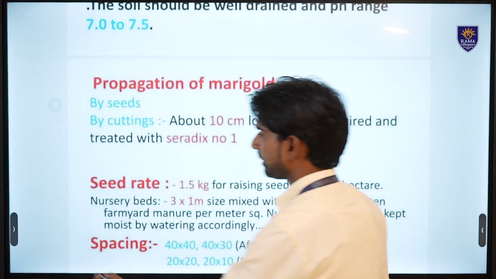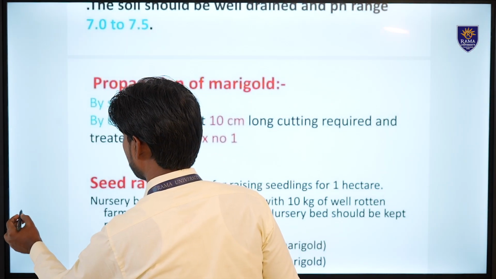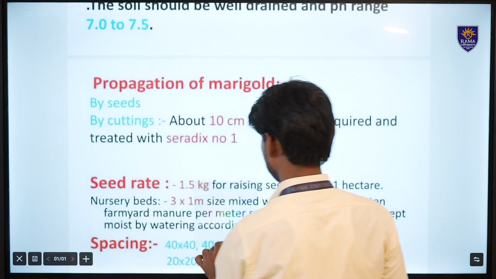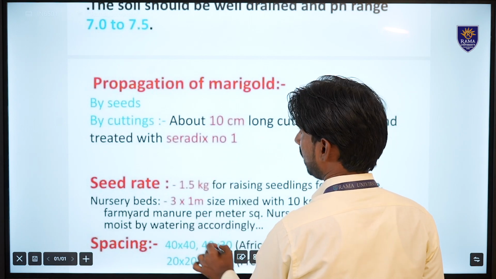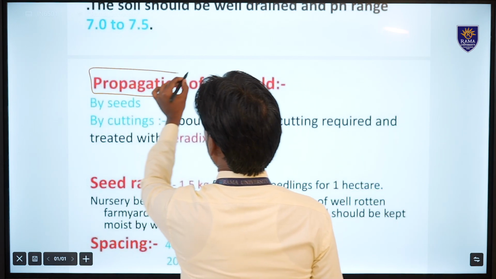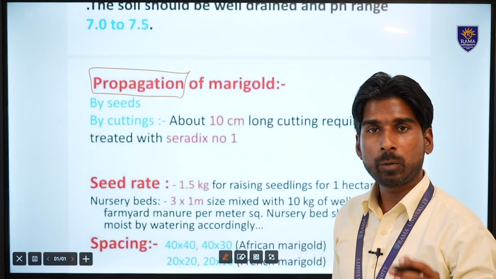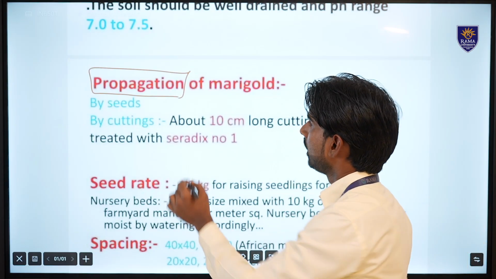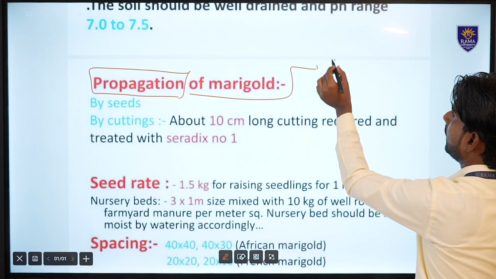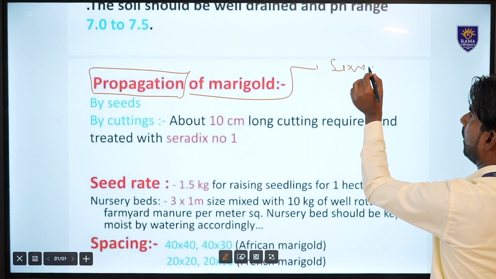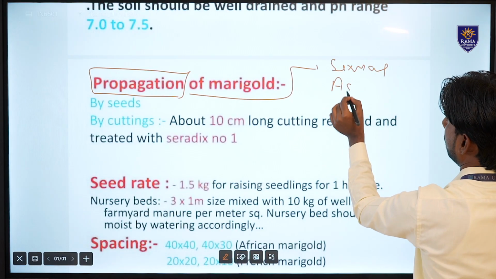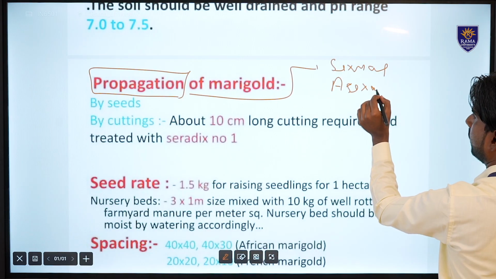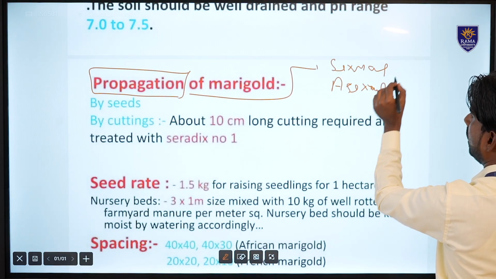Propagation means multiplication of the plant by sexual or asexual methods.